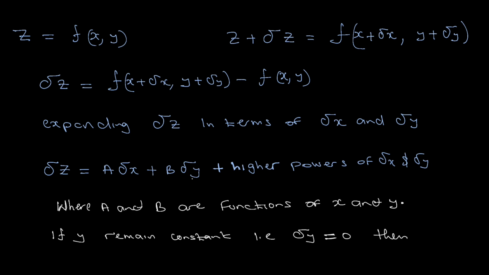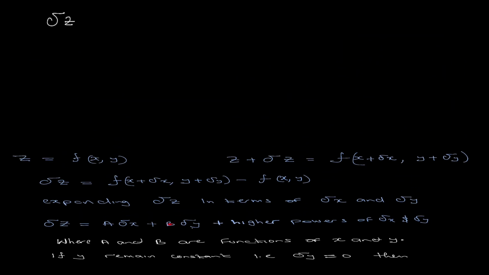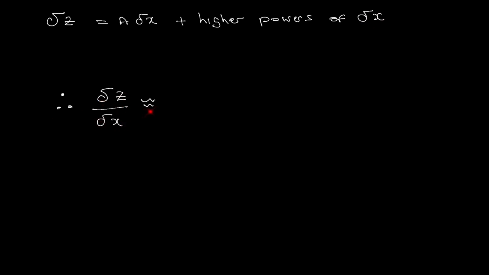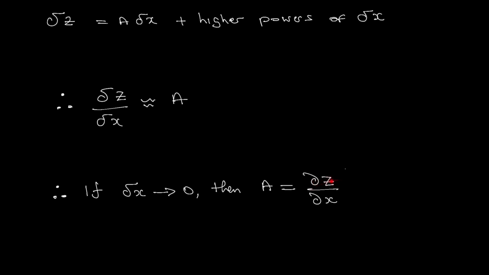And if that's 0, then delta z will be equal to a delta x plus higher powers of delta x, and therefore delta z over delta x will be approximately equal to a, because the higher powers of delta x will be small as delta x is small. And if delta x tends to 0, then a will be equal to the partial derivative of z with respect to x. Partial because we're keeping y constant. So we're partially differentiating, keeping y constant.